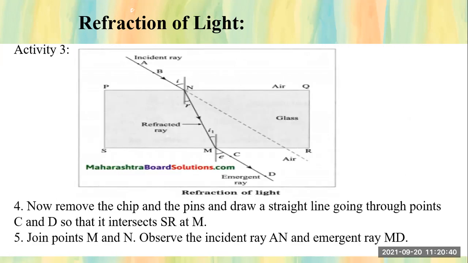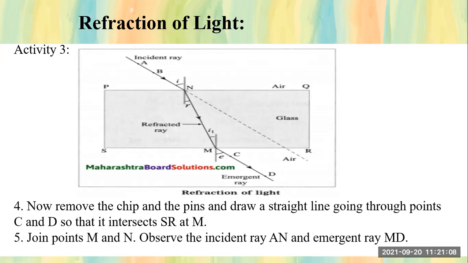Now see, students, what does this whole activity want to explain to us? This whole activity number 3 explains refraction of light: how, when light enters from the air medium to the glass medium, and the second time from the glass medium to the air medium, there is a change in the direction of the light.